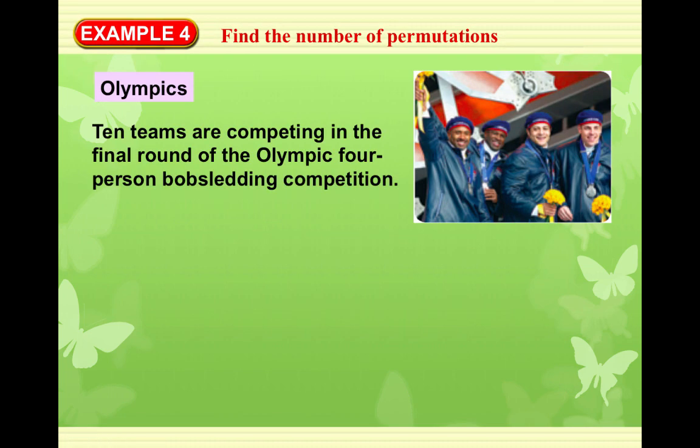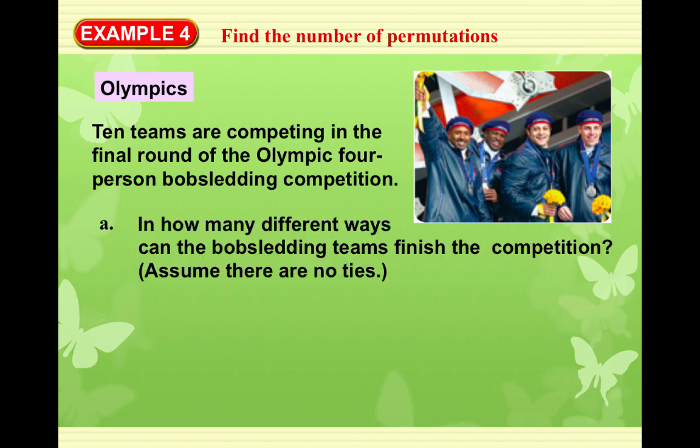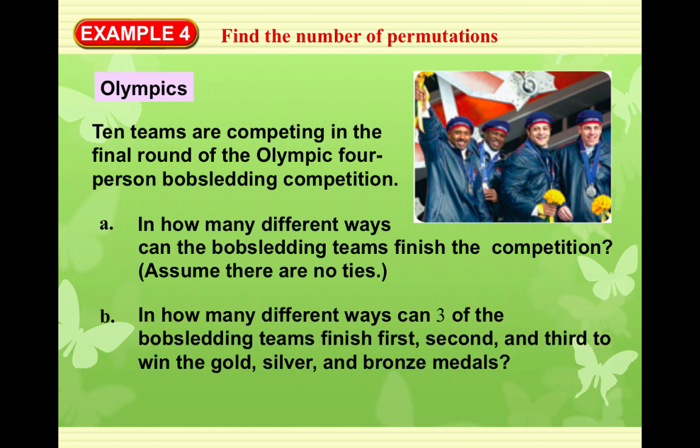Okay. So 10 teams are competing in the final round of the Olympic 4-person bobsledding competition. In how many different ways can the bobsledding teams finish the competition? Assume that there are no ties. Then we're going to see how many different ways 3 of the bobsledding teams can finish first, second, or third to win the gold, silver, or bronze medals.